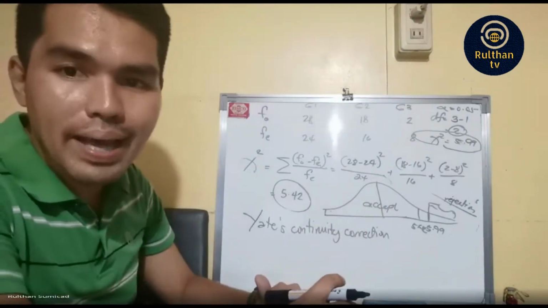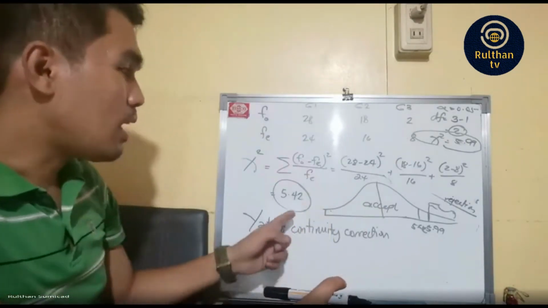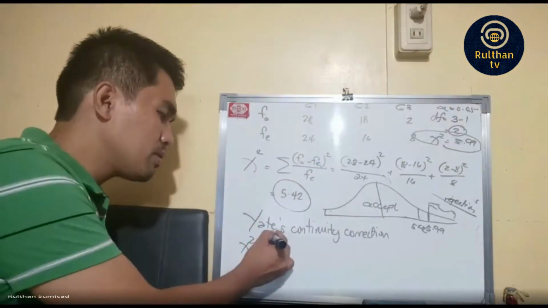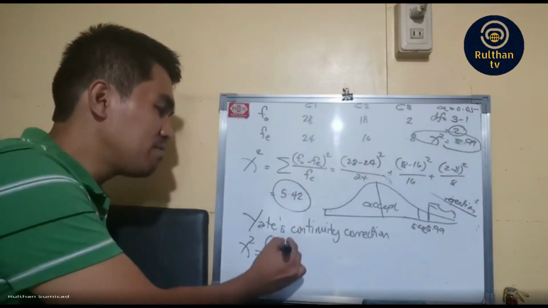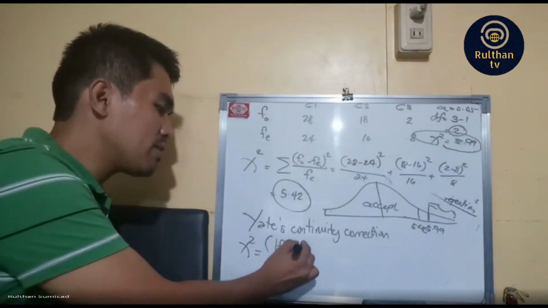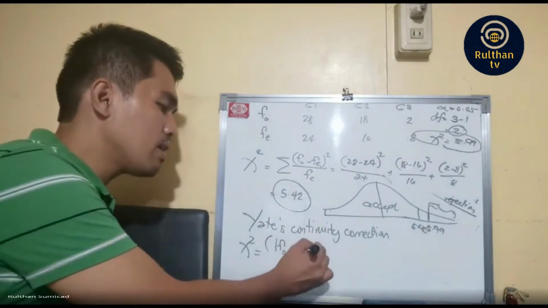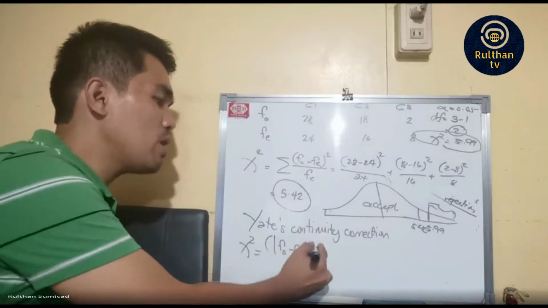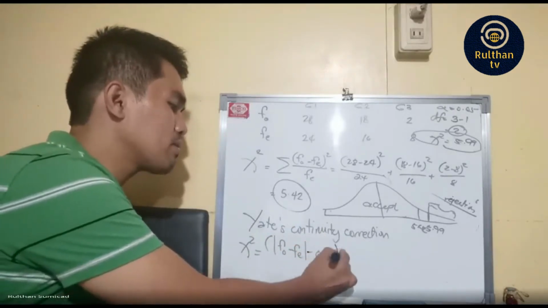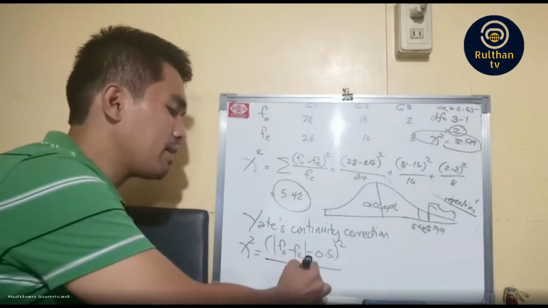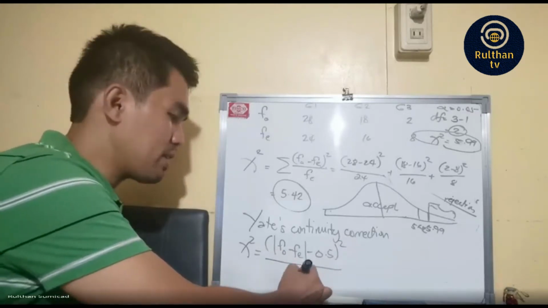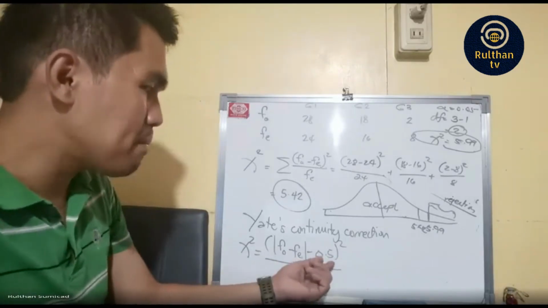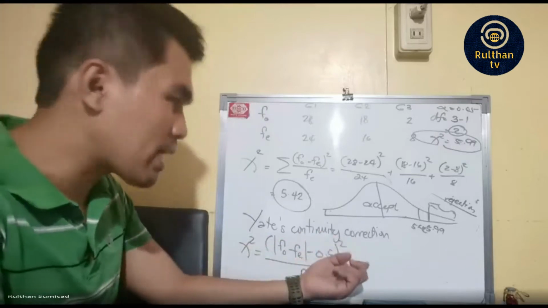Instead of having the formula this way, it will become chi-square is equal to the absolute value of f sub o minus f sub e, absolute value, minus 0.5, squared, divided by f sub e. Okay? So you notice there is a deduction here of 0.5. This is called the Yates continuity correction.